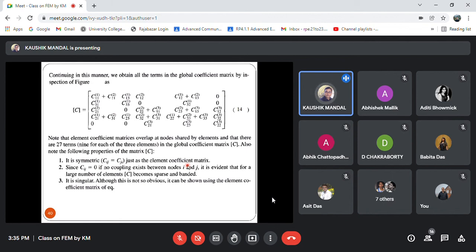So it consists of a large number of zero elements, and all the non-zero elements are basically concentrated along the diagonal lines. So you can also say that this matrix will form a sparse matrix format or banded matrix format.